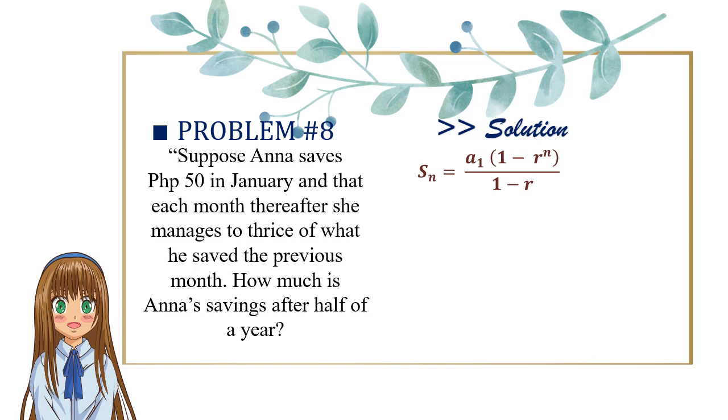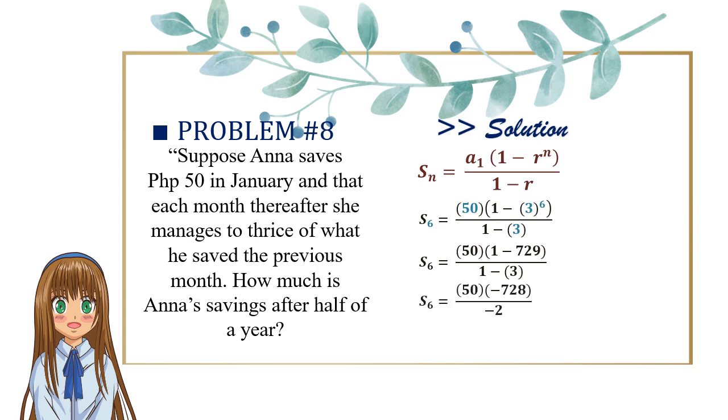Okay, so using the finite geometric series formula, of course. Okay, so substituting the data given in the problem, and of course, let's focus on the numerator first. And so I have here 50 times negative 728, so I would have negative 36,400. And in my denominator, I already simplified 1 minus 3, I got negative 2.